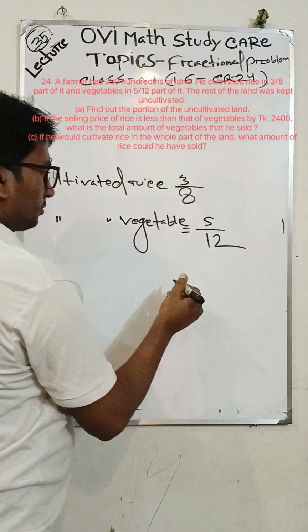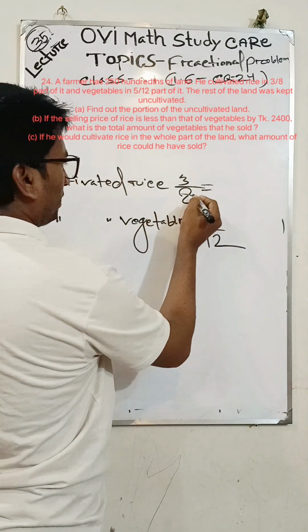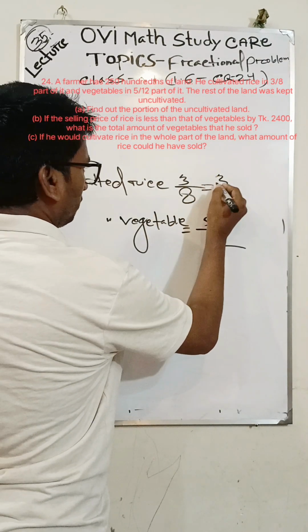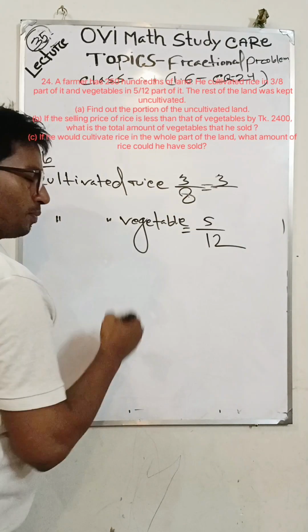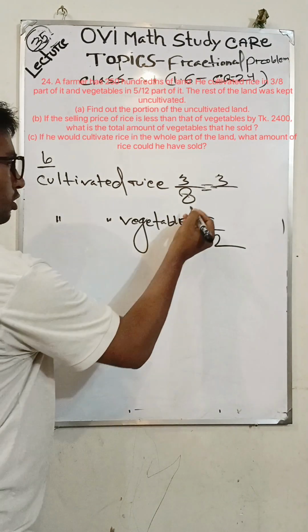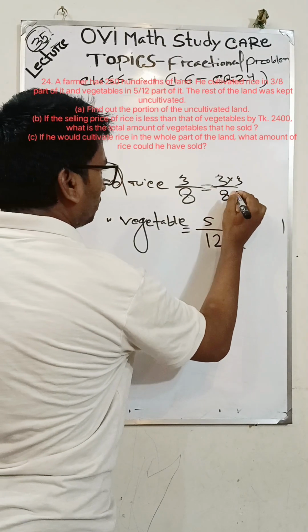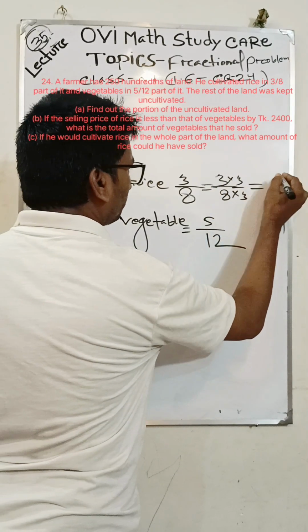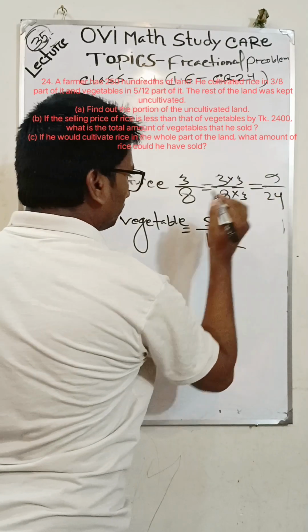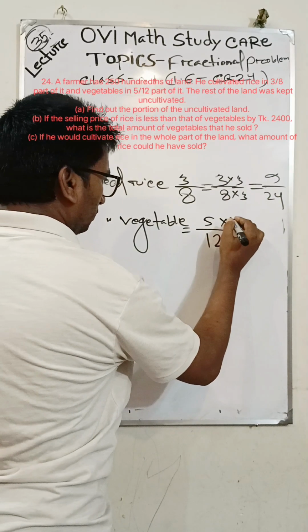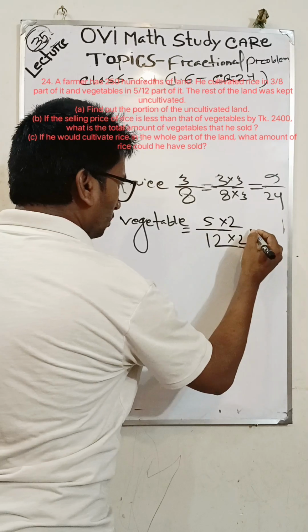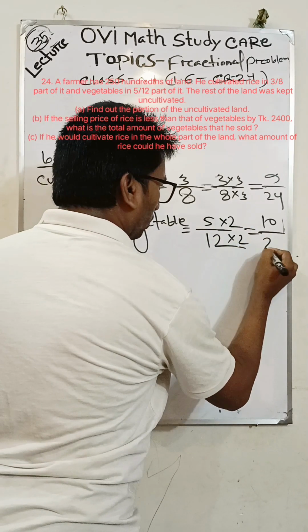The LCM of 8 and 12 is 24. So equal denominators will be 3 into 3 by 8 into 3, it becomes 9 by 24, and the other becomes 10 by 24.